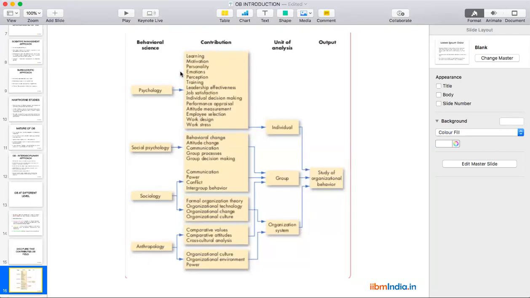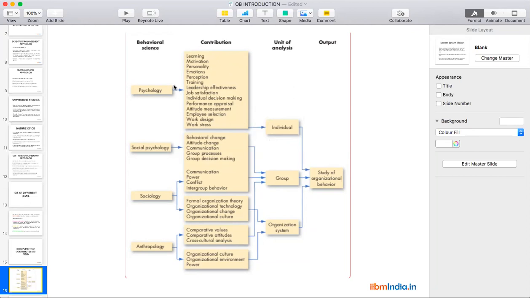These contributions are basically the major part of the analysis of individual behavior. Why an individual is reacting or behaving in a particular way in the organization is because of all these particular contributions.